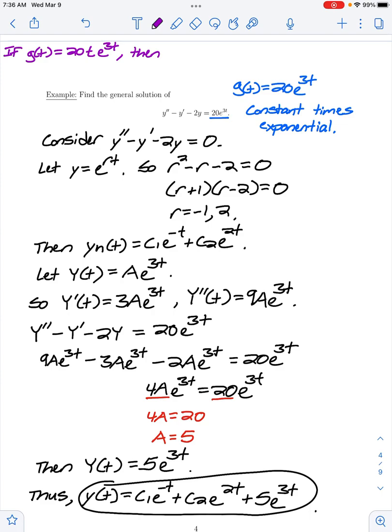That is a linear function times an exponential. So in that case, we would look for a particular solution that would have the same form, some general linear polynomial, at plus b, times the same exponential function.